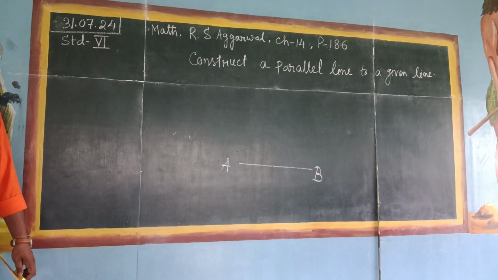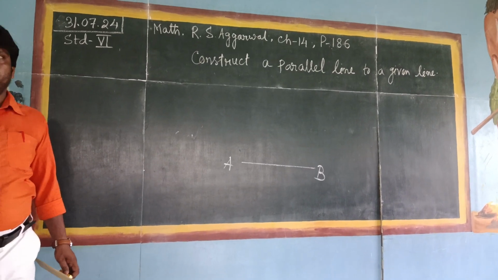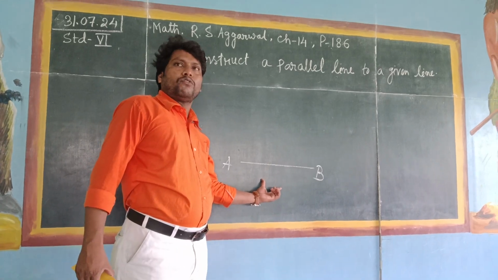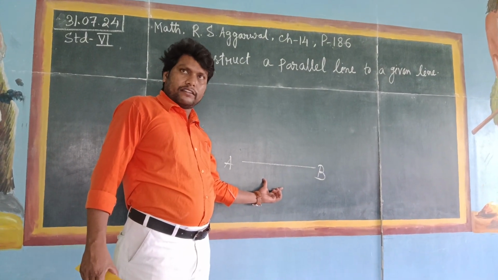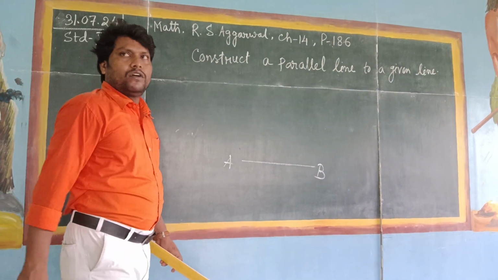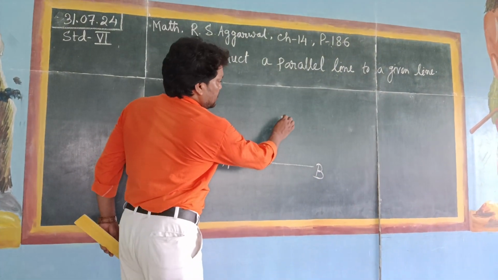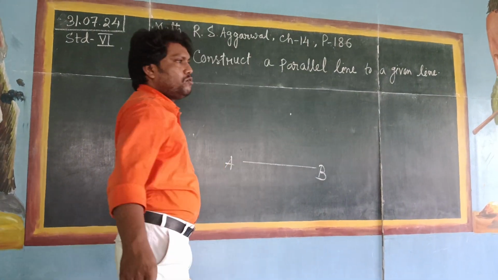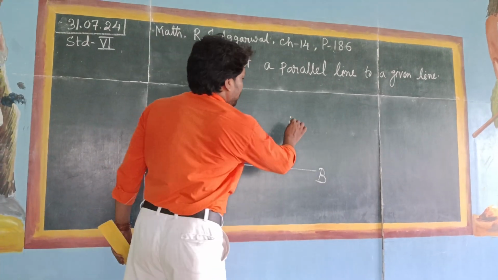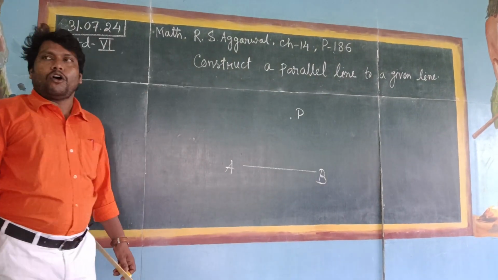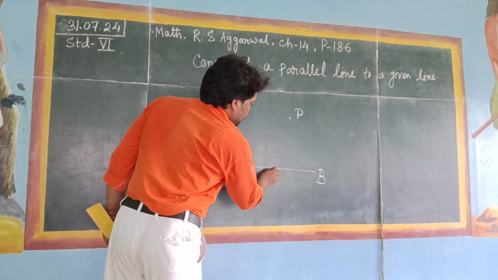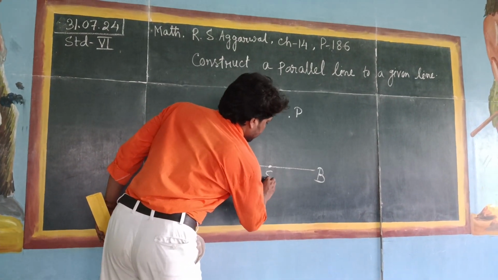Step 1: at first we have to construct the given line. Step 2: take a point outside the given line, suppose it is P, and also take a point on the line, suppose S.